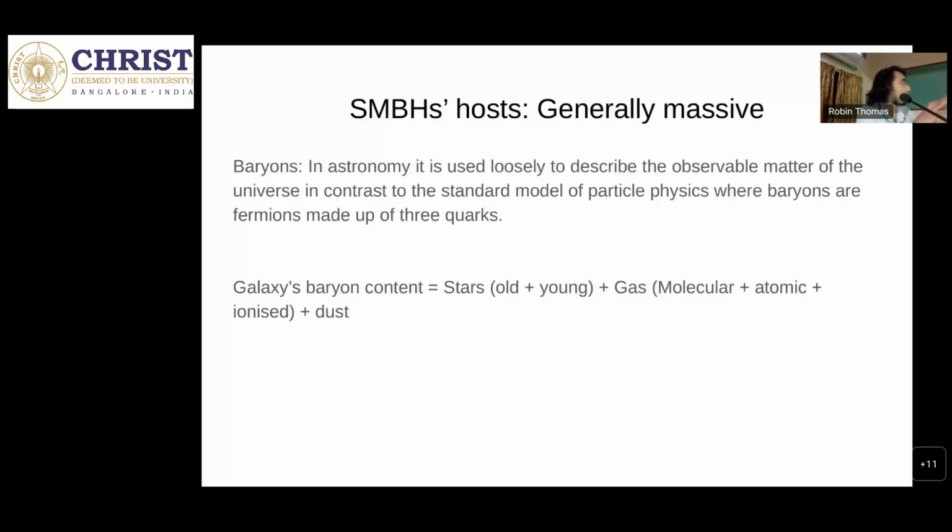In astronomy, baryons are loosely described as observational matter, and electrons are also included in that, but in particle physics, baryons are fermions made of 3 quarks. So generally, a galaxy's baryon content is made of stars, gas, and dust. We find the object has a huge stellar mass of the order of 10^11 solar masses, with atomic hydrogen gas mass of 10^11, molecular 10^9, and dust mass 10^8.